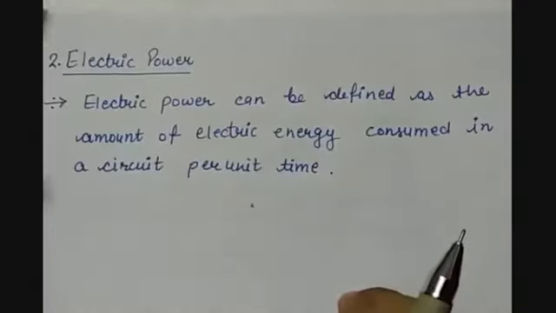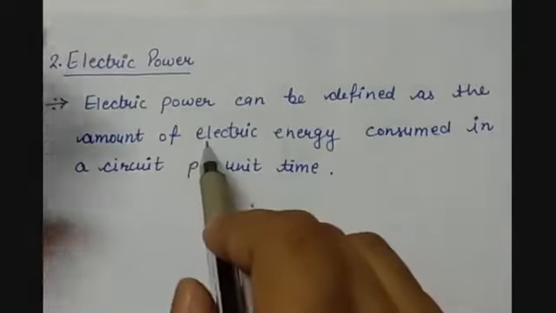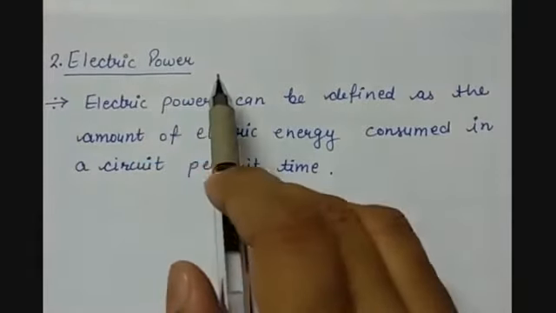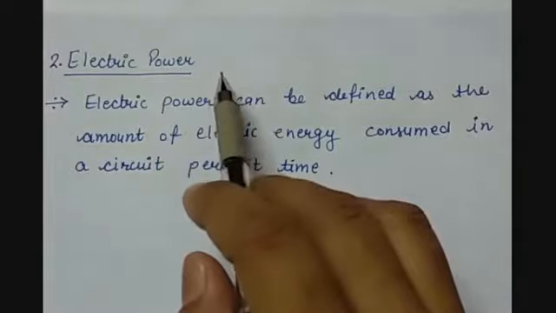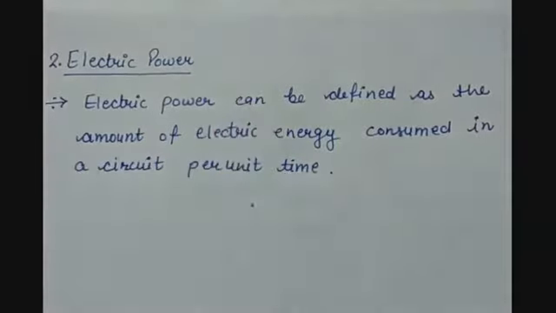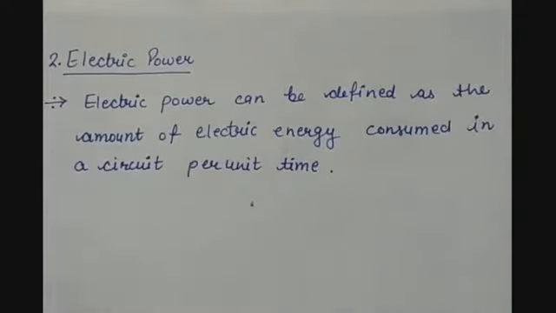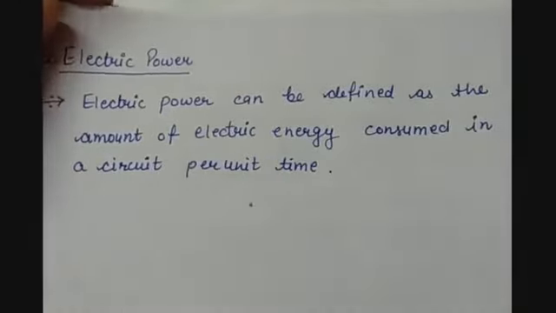Our second topic is electric power. As we have studied electrical energy, which can also be called the work done: the work done by the current flowing through a conductor is called electric work, and the electric work done per unit time is called electric power.